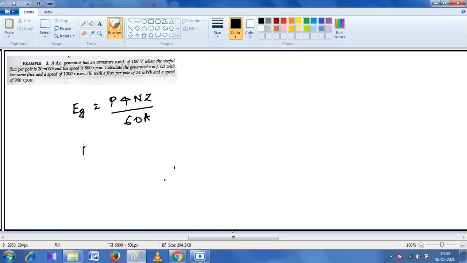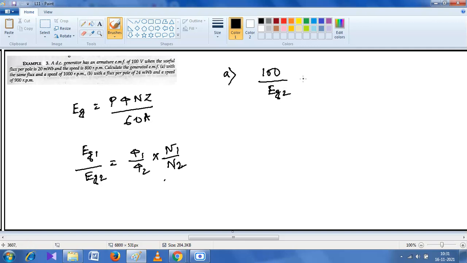So we can write Eg1 by Eg2 is equal to phi 1 by phi 2 into N1 by N2. So in case A, the first value is 100, and then we have to calculate Eg2.